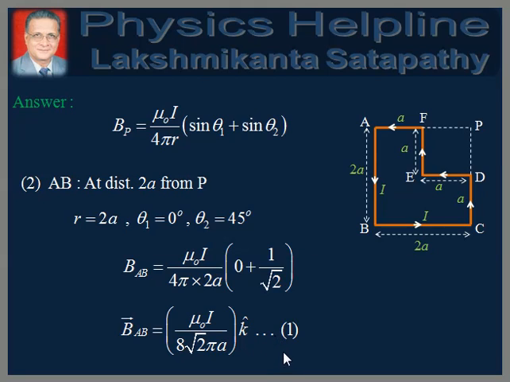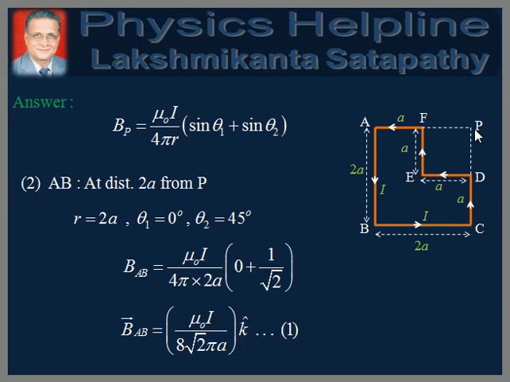Now for the direction. The wire loop lies in the xy plane, and holding the current carrying wire AB in our right hand with the thumb pointing in the direction of current from A to B, we observe that the curling fingers at P come out of the plane of the figure.